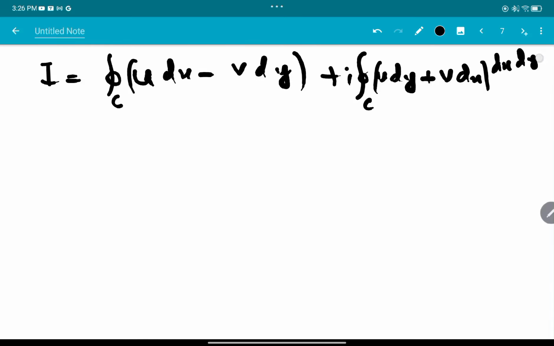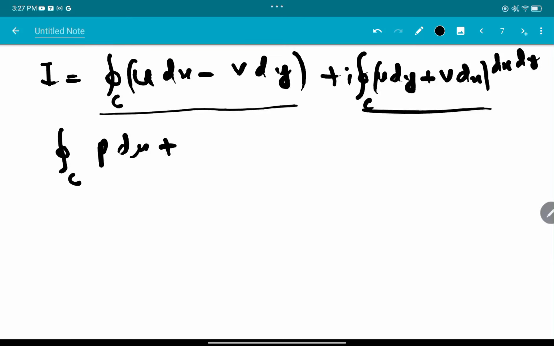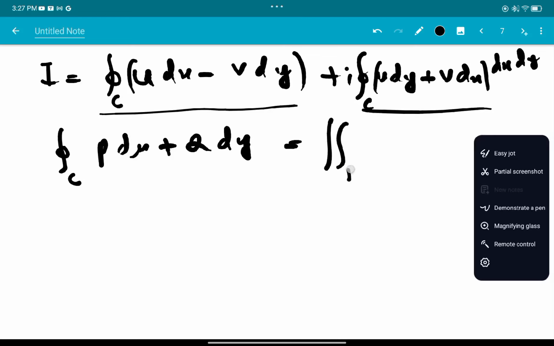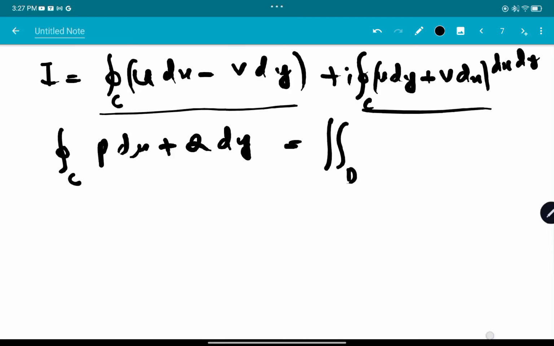Now I'm going to apply Green's theorem to this first and then to this. And Green's theorem is, let me keep it written here, that the integral over C of p dx plus q dy is equal to this double integral of dq by dx minus dp by dy.